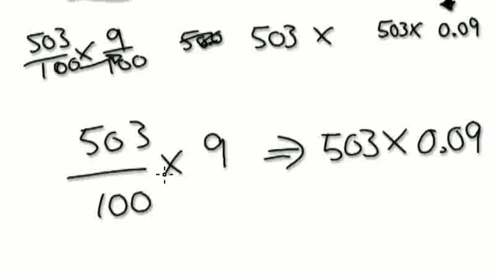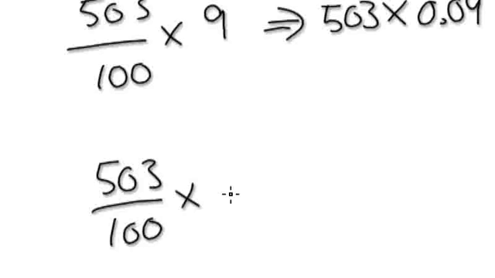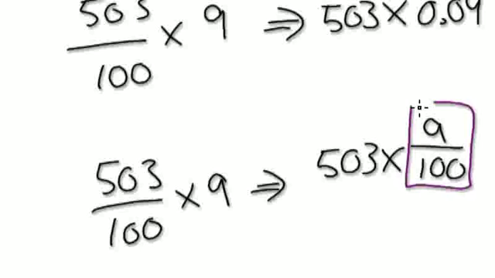Visualize it like this: normally it's 503 divided by 100 times 9, but I want you to visualize it as 503 times 9 over 100, and do this inside your head. This is actually 0.09. Just trust me for the time being. Just do it this way.